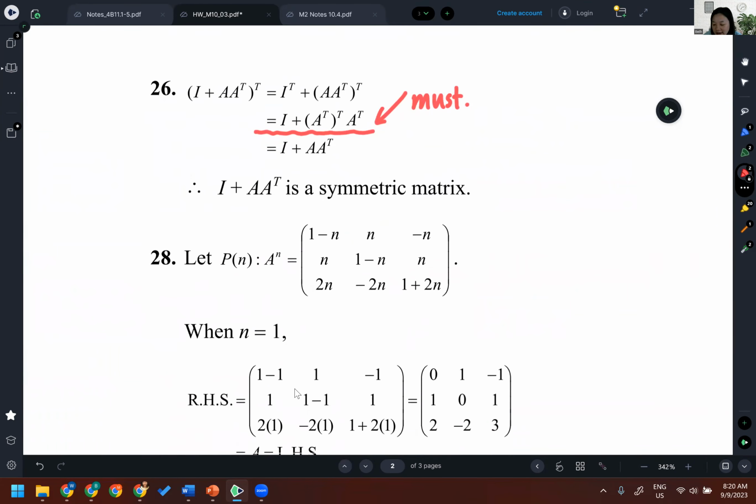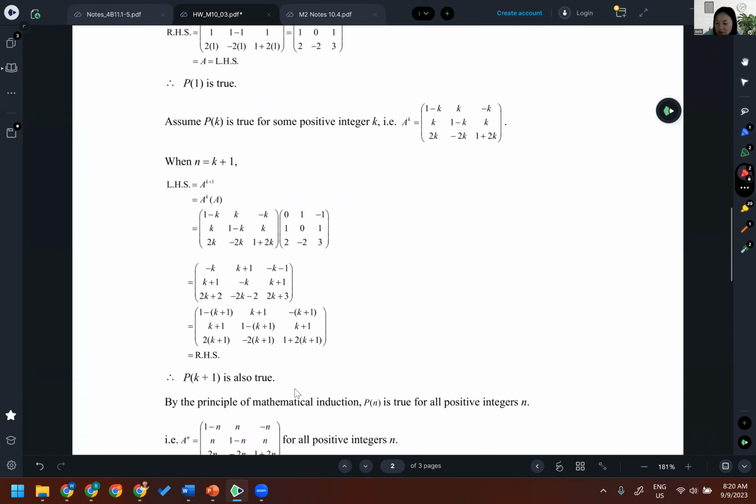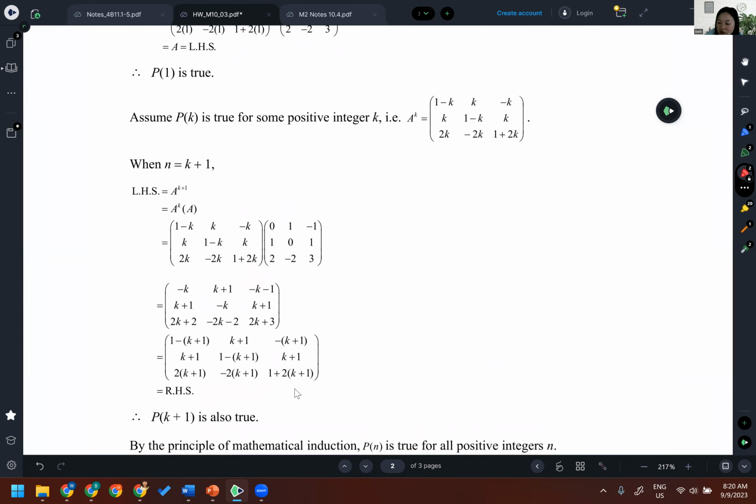Now for 28, you have to show this step. When you multiply A to the power k to A, you must show this and show this, and then to the right-hand side. This step must be shown.